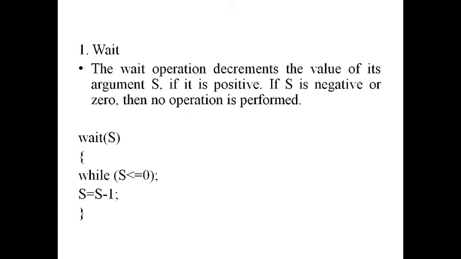If the number is -1, a negative value, or if the number is 0, then this wait atomic operation is not performed. It is performed only if the number is positive. This is the example: wait(S). I already told you why S is taken, because semaphore starts with S. So it has just been taken as S.